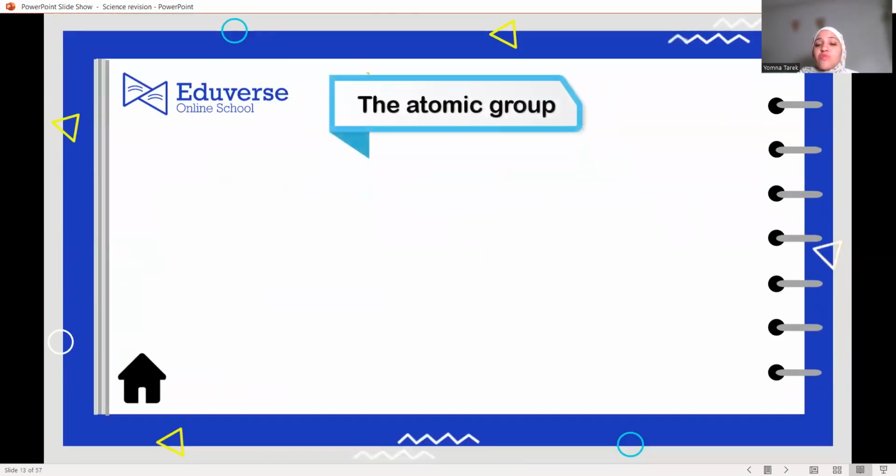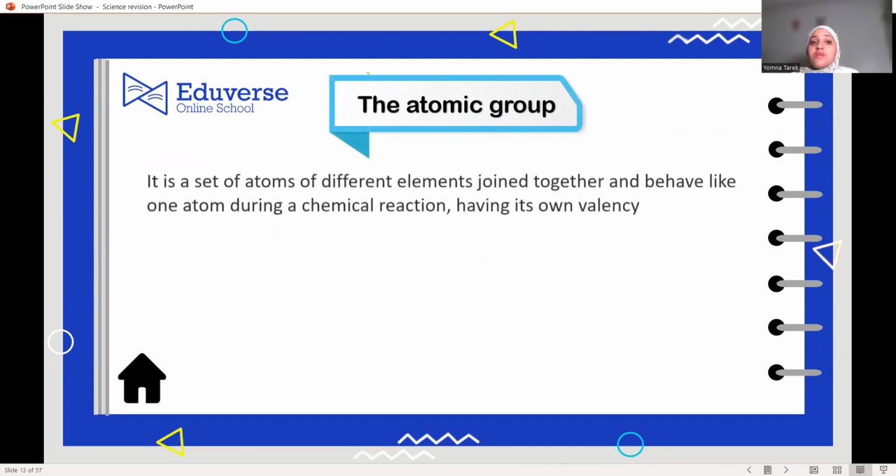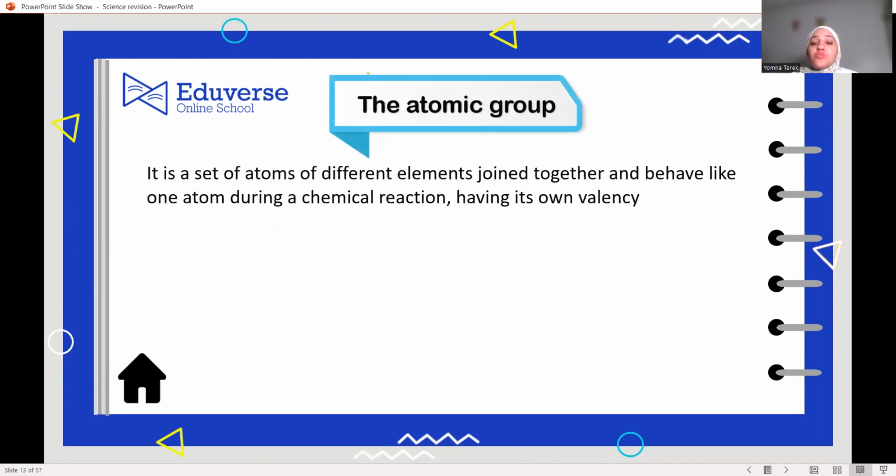Now let's talk about the atomic group. What are the atomic groups? An atomic group is a set of atoms that are joined together and behave like just one atom.